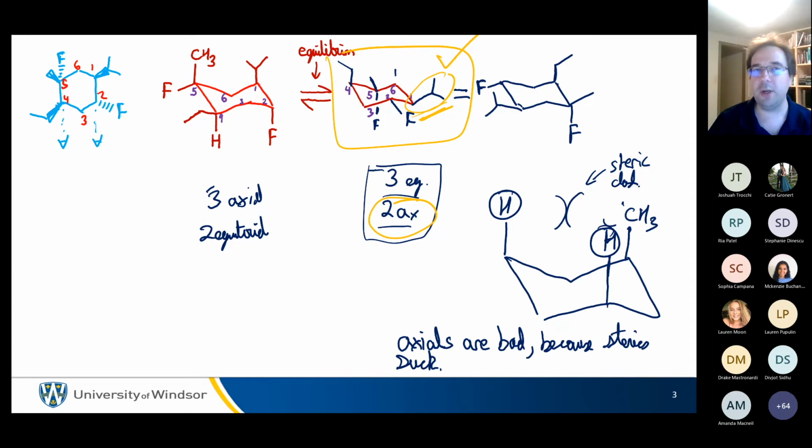If there's one thing that's slightly bigger than other things, or two of them that are almost the same size, and both of them are axial, you need to balance it. But here, it's a big thing and everything else is quite a bit smaller. So that's our most stable.